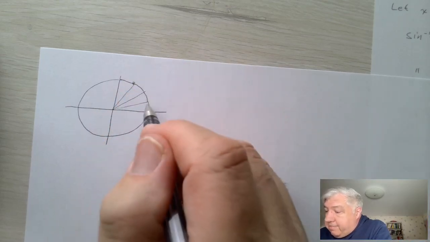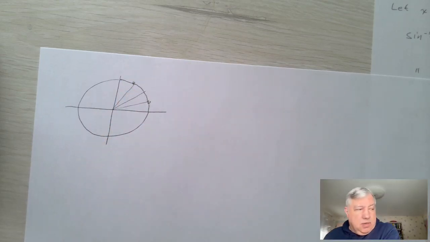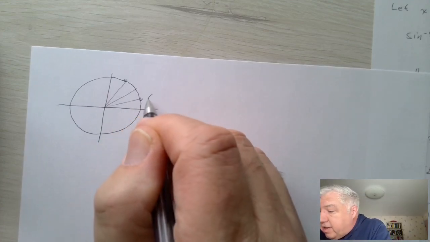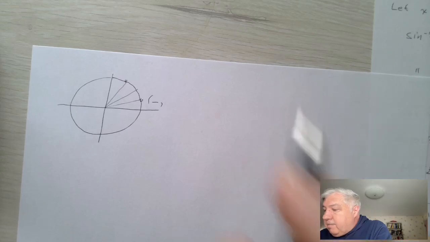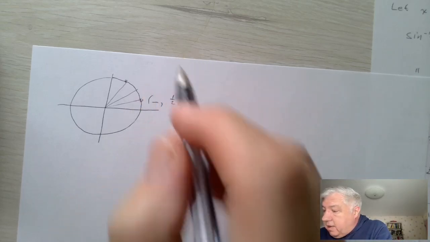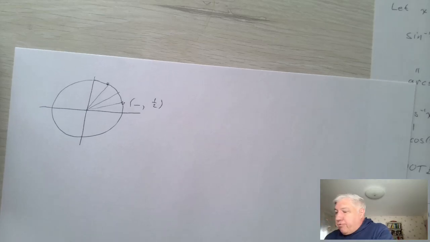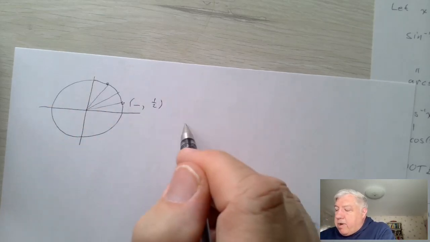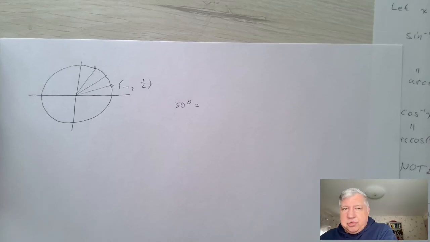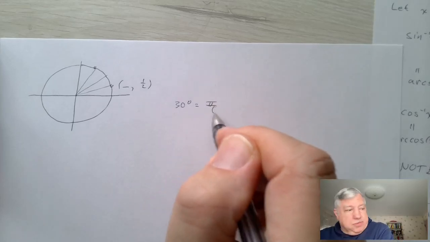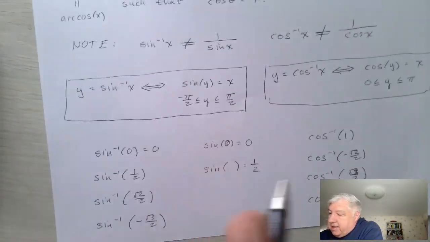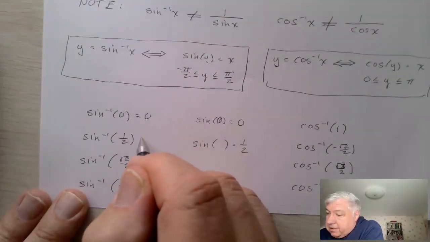The sine of 30 degrees, well, we don't care about the x coordinate, the y coordinate will be 1/2 for 30 degrees. But we want to use everything in radians with these functions, so we need to convert this to pi over 6. And so the inverse sine of 1/2 is pi over 6.